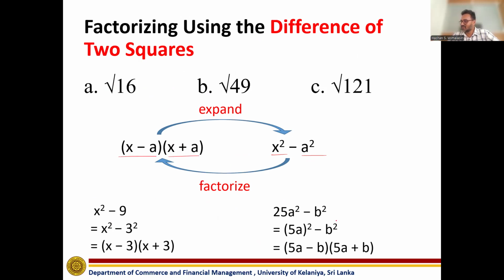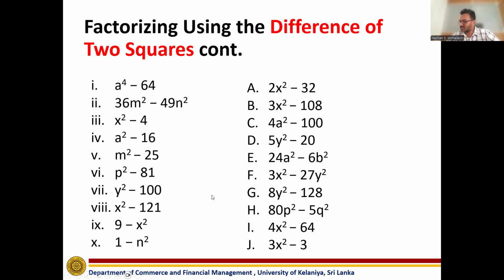So then x power 2 minus 9. In here you can't see any difference of two squares, but you can convert this into x power 2 minus 3 power 2. So then you can write it down x minus 3, x plus 3, as a factorization, right?